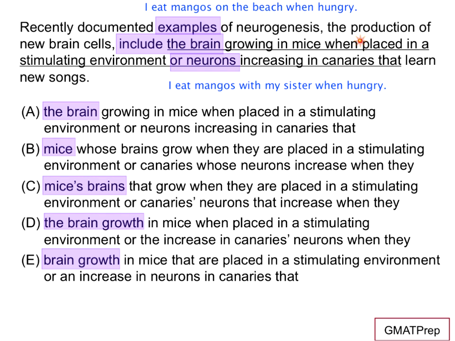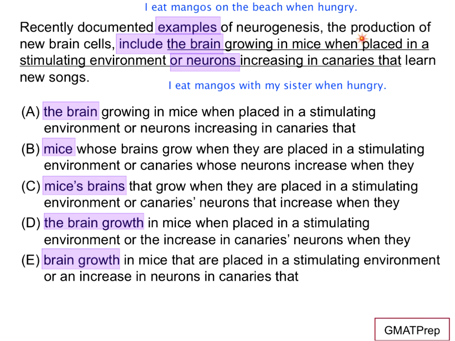Mice is not the subject of the sentence. In mice, prepositional phrase, not the subject. Of neurogenesis, not the subject. The brain, no verb after that. Yeah, it's all the way back here. It's examples. Examples include the brain growing when the examples are placed in a stimulating environment.